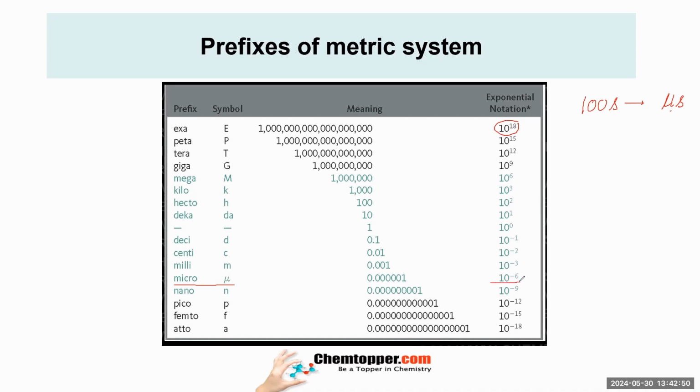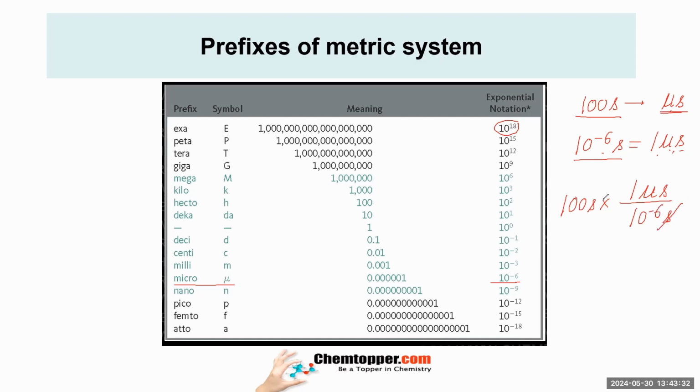This is 10 raised to the minus 6. So what do you know? You know that 10 raised to power minus 6 seconds is 1 microsecond. Now you can use dimensional analysis. Start with this 100 seconds. Use this ratio. What do you want? You want microsecond. Plug in this microsecond in the numerator, and plug in this second in the denominator.